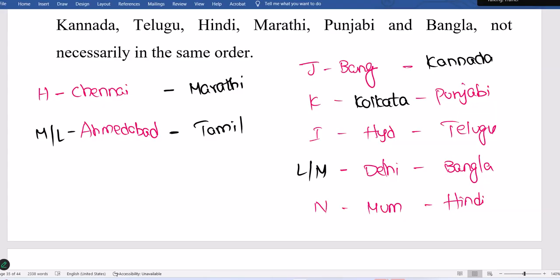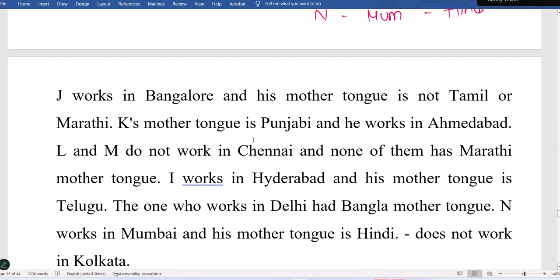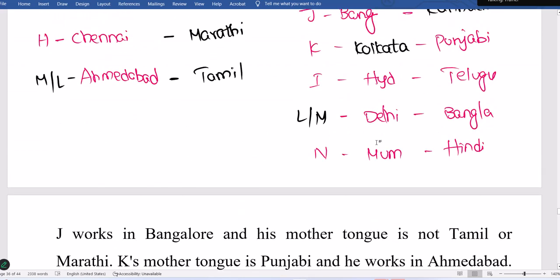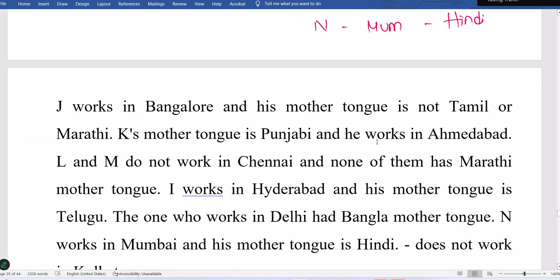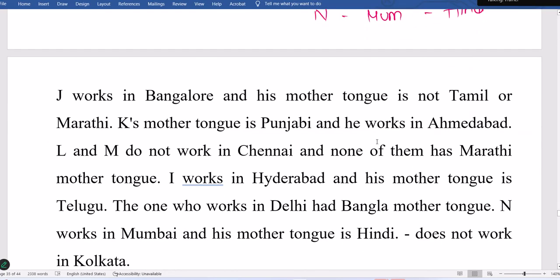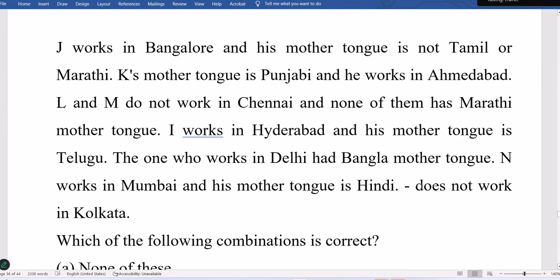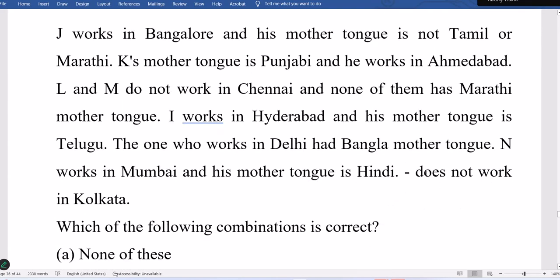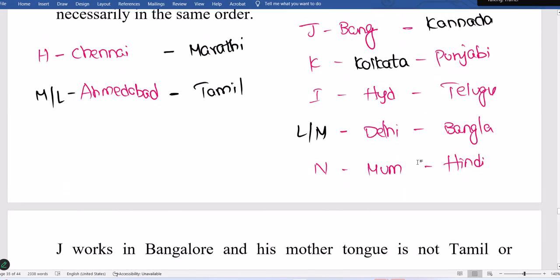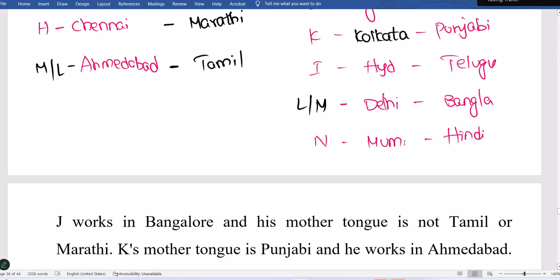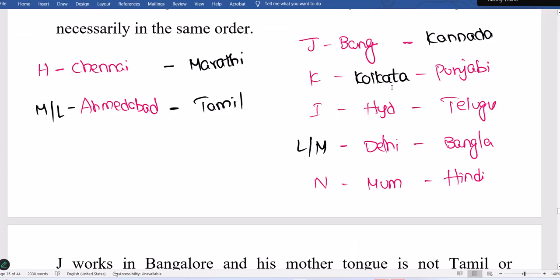Now there is still a bug regarding M and L location. L and M, okay. That's related to which cities? Ahmedabad and Delhi, right? So any other data? The one who works in Delhi, okay. Here some line is also missing. Something does not work in Kolkata. Now which combination is correct? Marathi, I, Chennai. No. Tamil, M, Kolkata. No, K is Kolkata and Punjabi.